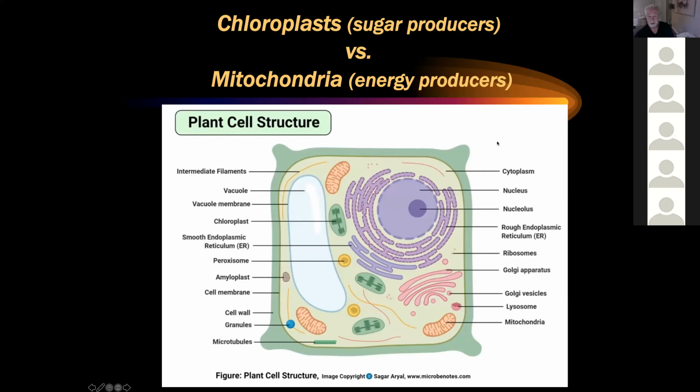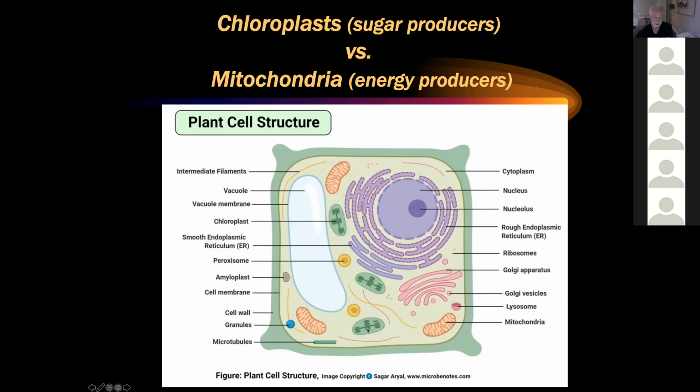So let me go back to the structure of a cell to let you know where the action is. You see, and this is a plant cell, and so it has chloroplasts. And we've been talking in the last period about chloroplasts and what goes on in them.